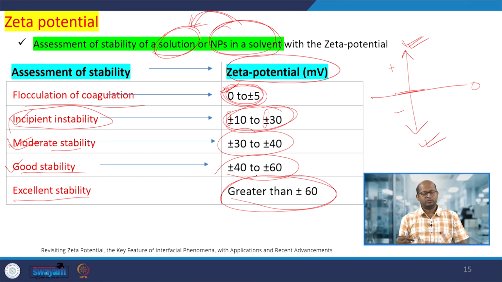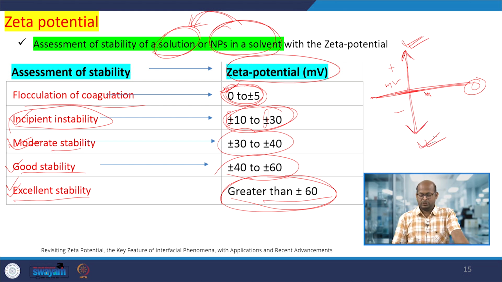If the zeta potential value, either positive or negative, is more than that, then the solution has excellent stability. Here you can see the zeta potential value is in millivolts. If it is 0, then as I said, flocculation, coagulation, unstable solutions. If it is either positive or negative with that much value, then it is an excellent stable solution that we have prepared.